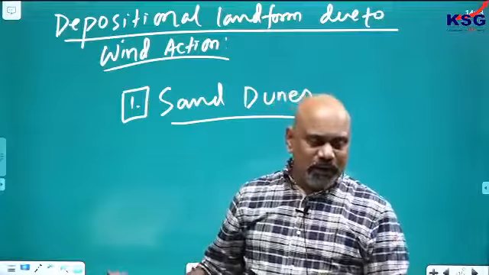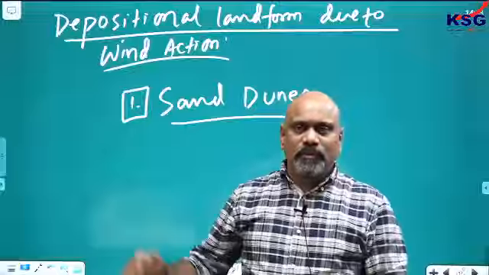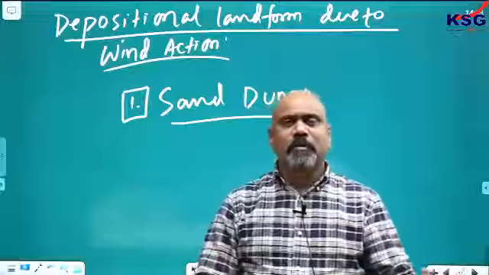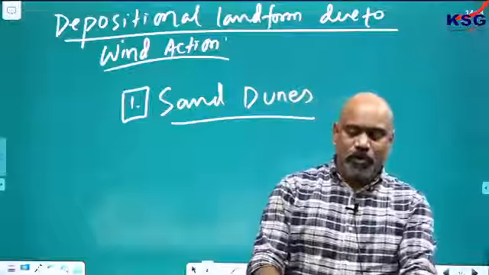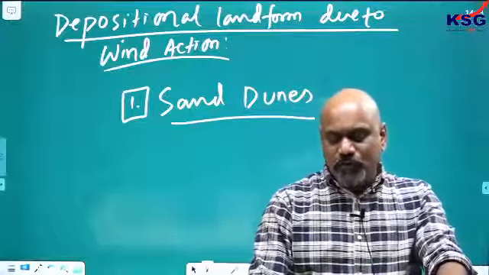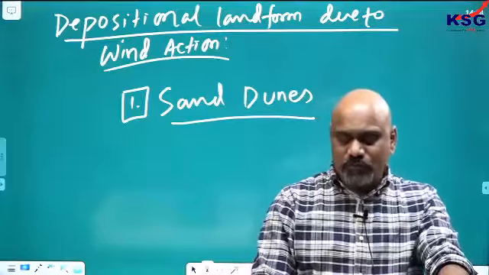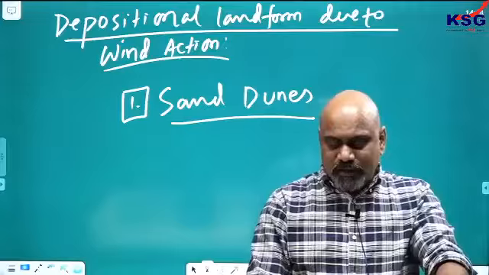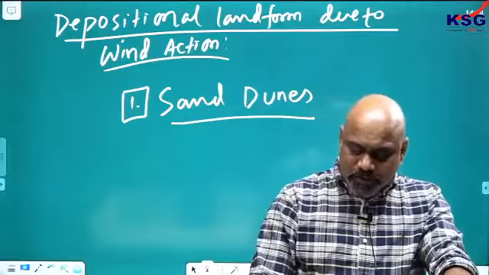At the beginning where it started, a huge depression develops. This is called the deflation hollow. I told you earlier. But the depositional one is the sand dunes.